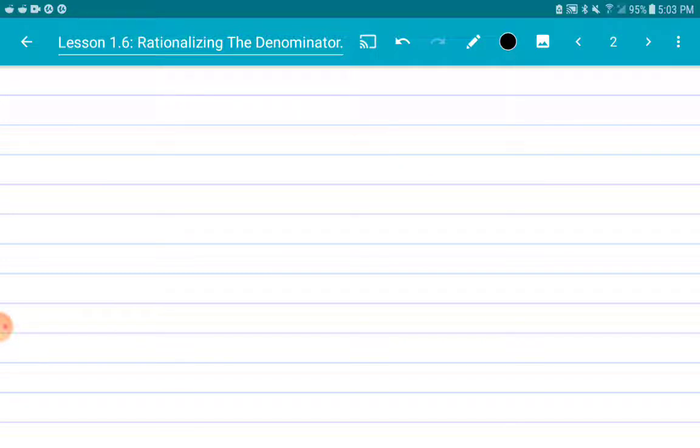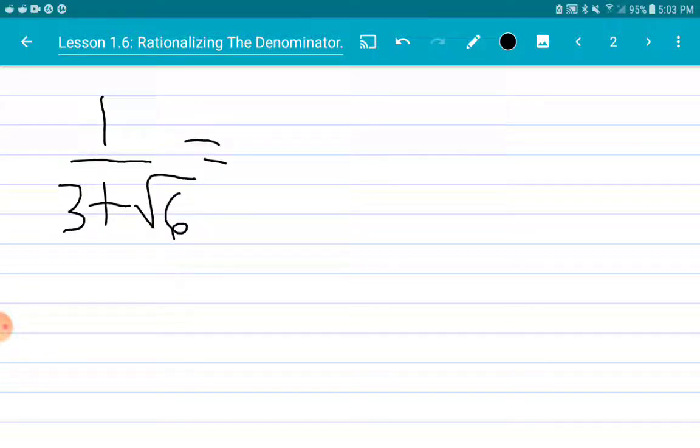So what if you have a problem that looks like this? What we want to do here is use a method called the conjugate method. That means we want to take the inverse of the operation in the middle.